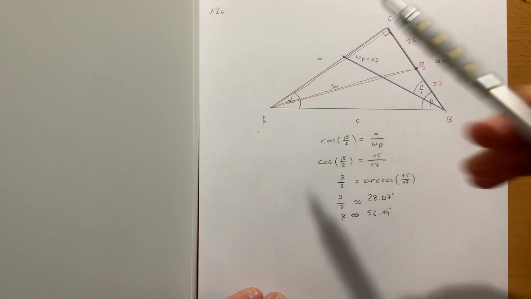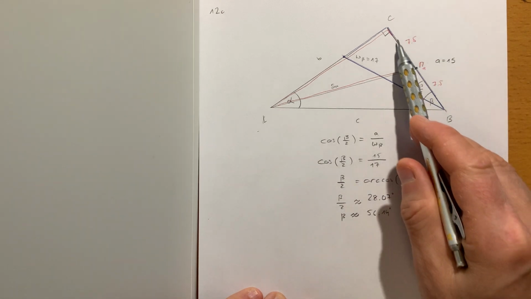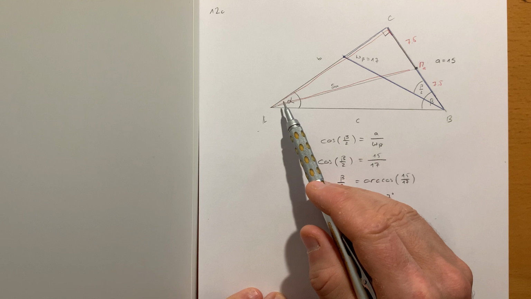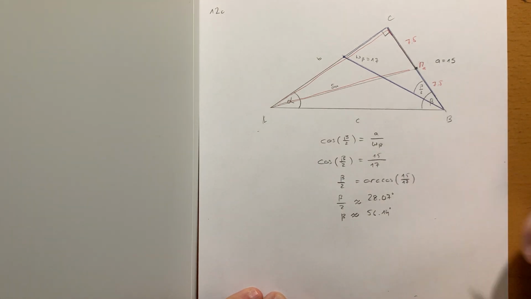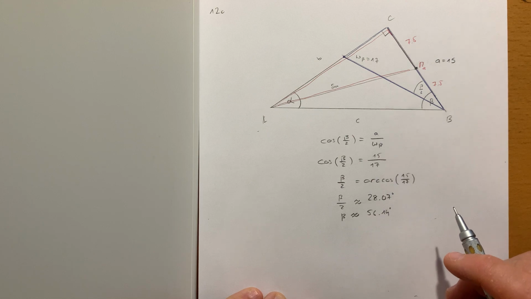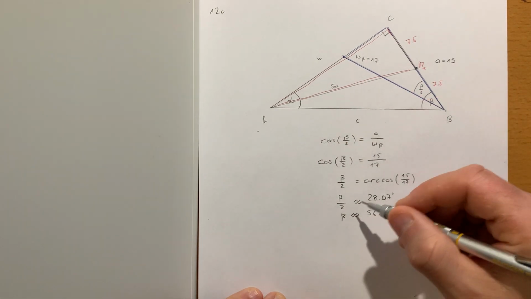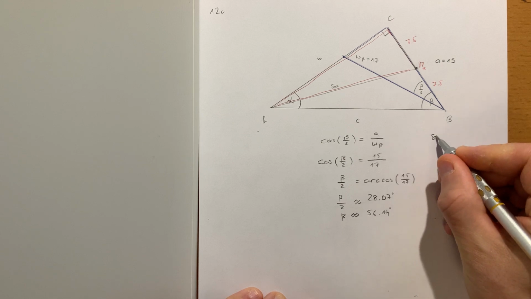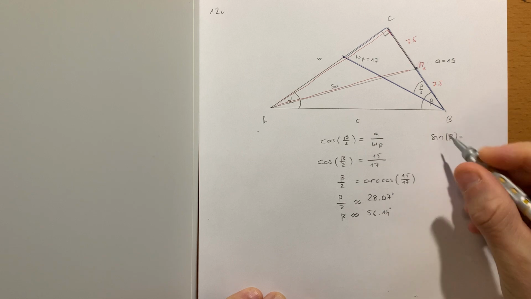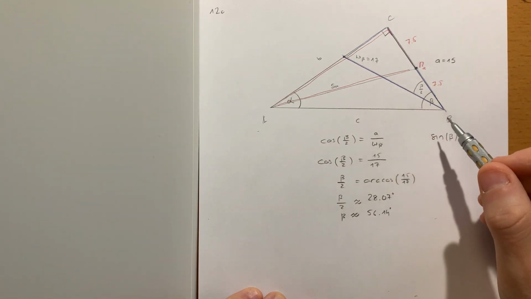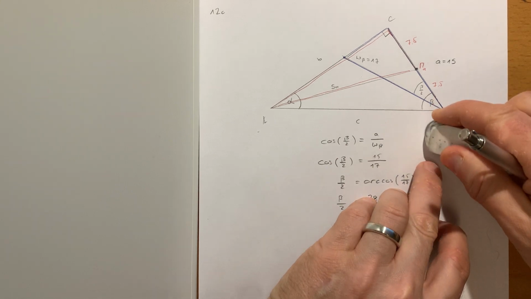So if we knew the length of b, then we would be able to work in this red right-angled triangle, and we would be able to work out SA. So let's try and do that. b, we know beta now, is tangent beta, I'm sorry, not sine beta.